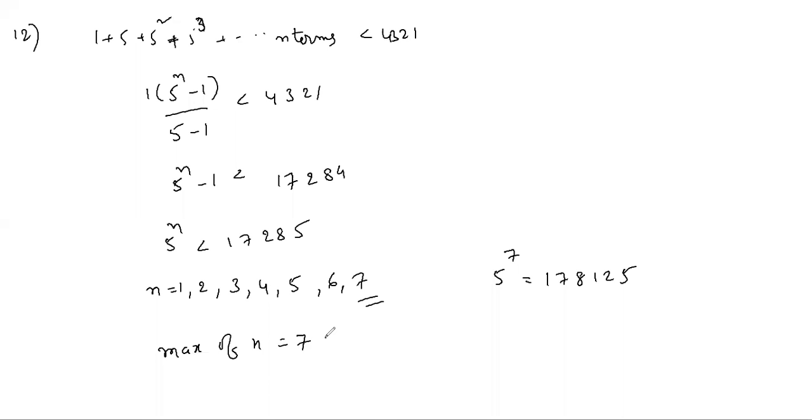So it should be 6. That's why I'm checking. 7 times will be 78125.